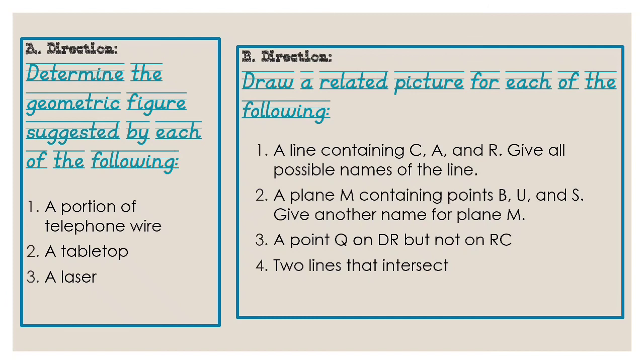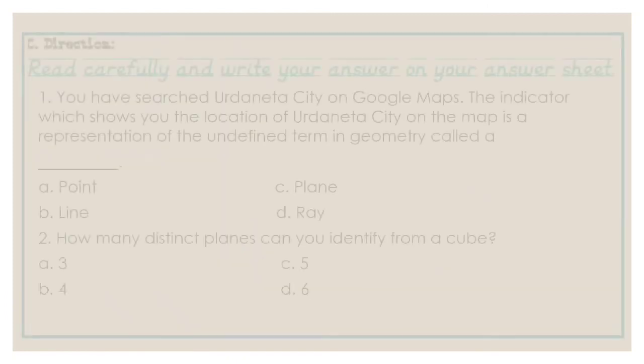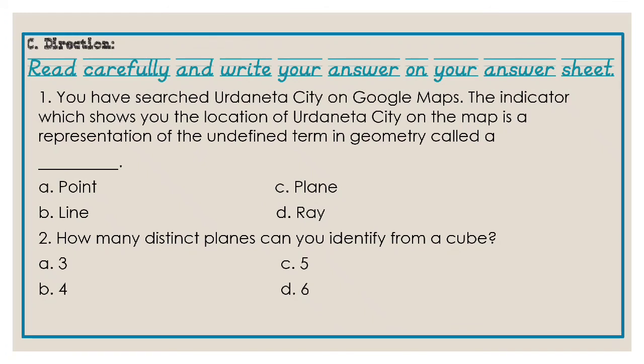For number 2, a plane M containing points B, U, and S, and then give another name for the plane M. For number 3, draw a point Q on DR but not on RC. And for number 4, 2 lines that intersect.